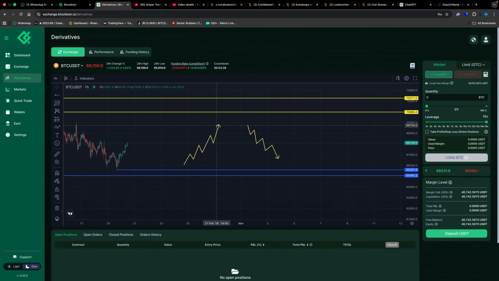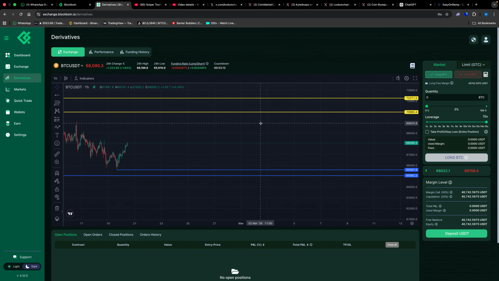At the lows, low, higher low, higher low. For bearish structure, high, lower high, lower high, lower high. For the lows, low, lower low, lower low. So that is how you identify the market structure, if it's bullish or bearish. Structure will always tell you the direction, support and resistance will always tell you the levels.